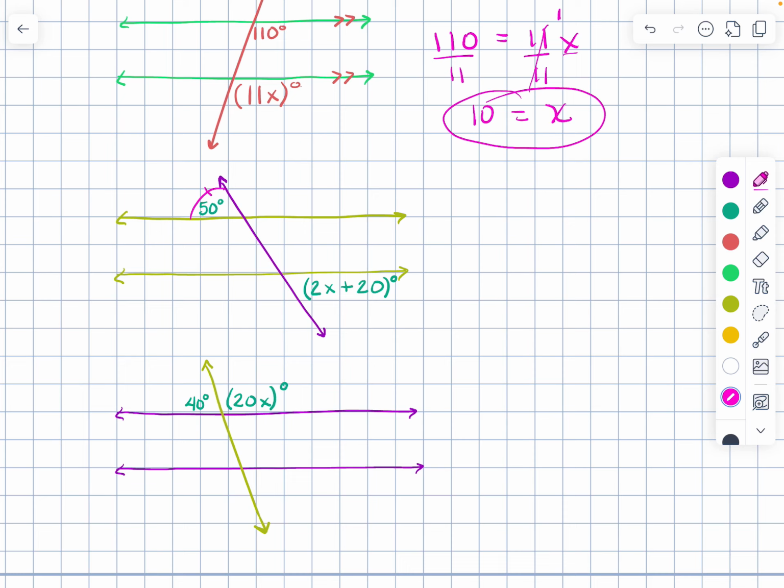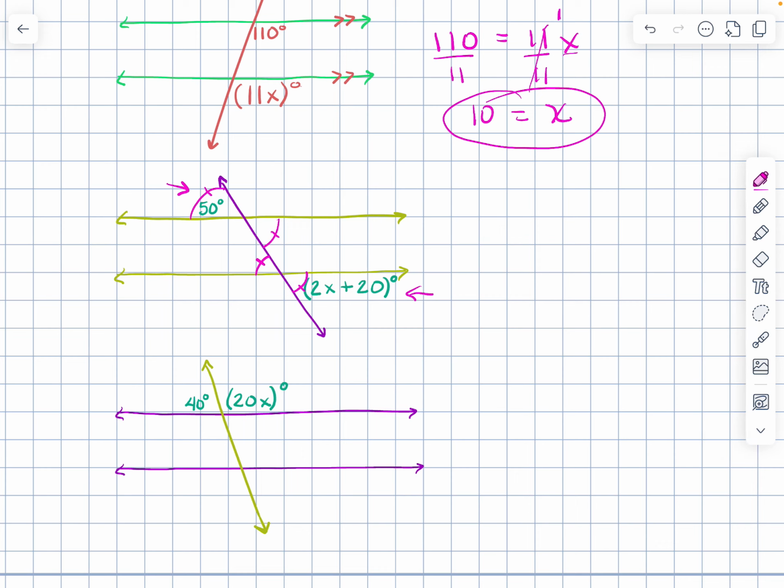So this one is congruent to this one, and by corresponding angles, this angle is congruent as well. And now I know that this angle right here is equal to this angle here. So now I can go ahead and solve for this equation. I could also write that this one is congruent as well.